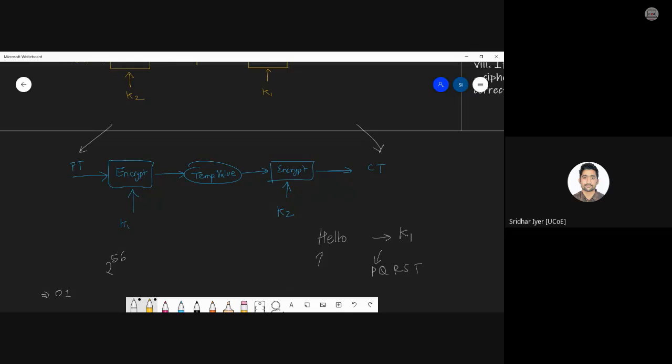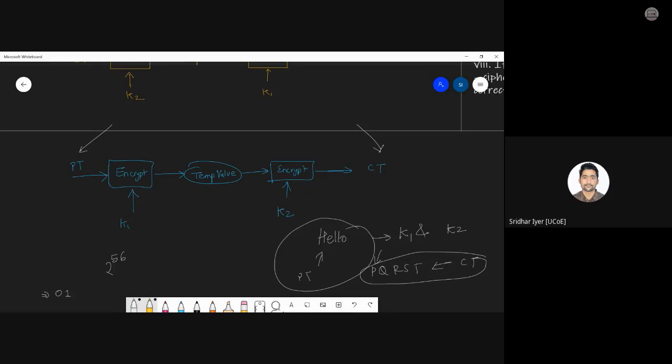So this is my plain text. This is my ciphertext. Yes or no? I'm using K1 and K2, right? I'm doing double encryption. Fine. So right now I have access to the plain text. I also have access to the ciphertext. I'm trying to check whether my encryption model is secure enough or not.